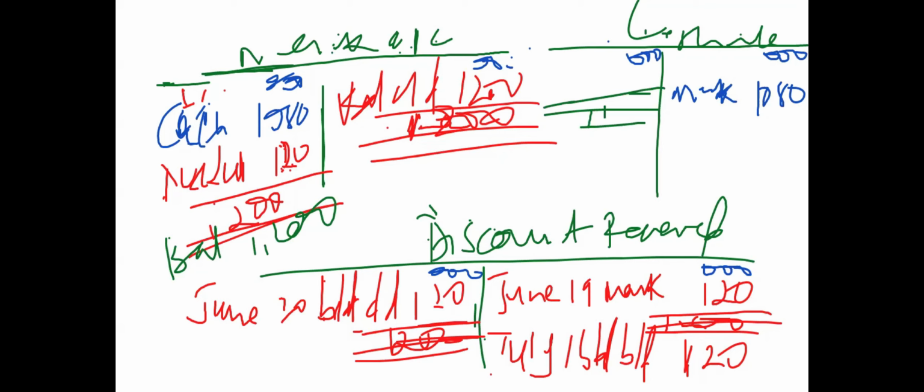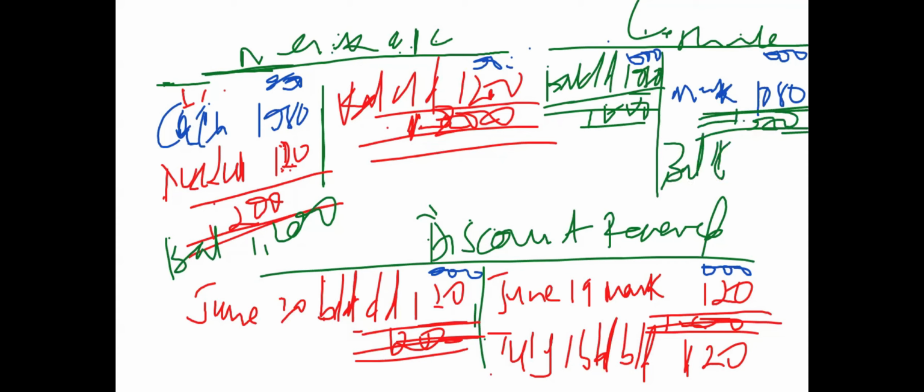Then we shall have 108. This is balance carried down 108, and 108 as the total, then balance brought down 108. And that's how we are supposed to do those accounts individually.